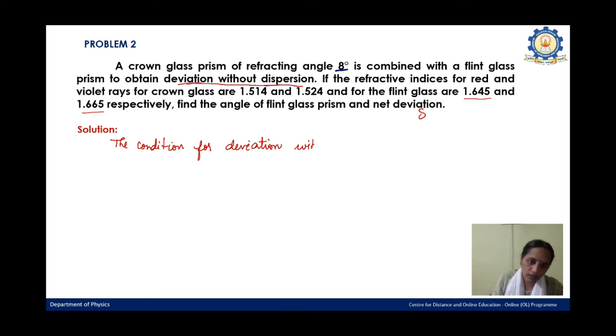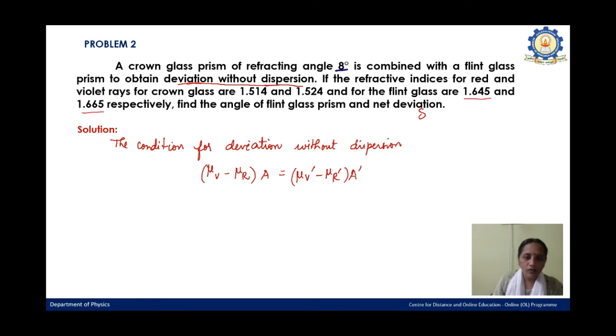Deviation without dispersion is given by (mu V minus mu R) into the angle of the prism, which is equal to (mu V prime minus mu R prime) into A prime. Two extreme rays are given, red and violet, so I have written the difference in refractive indices of the two extreme rays. Using this we can find out the value of the angle of the prism.